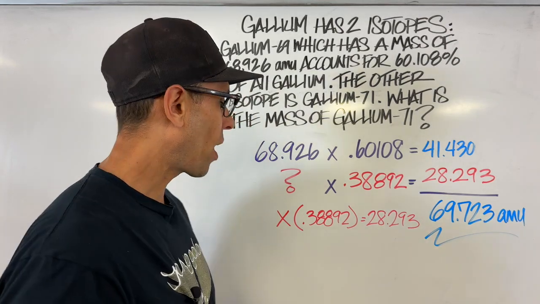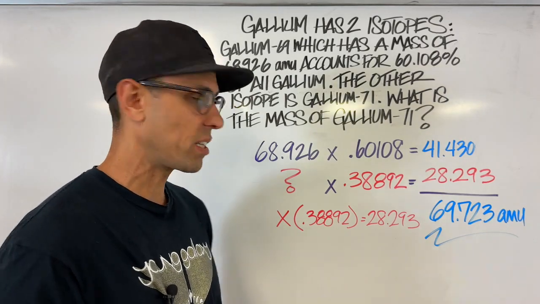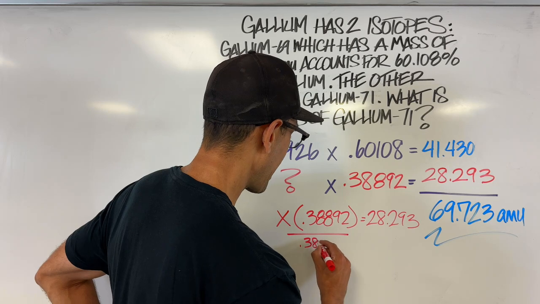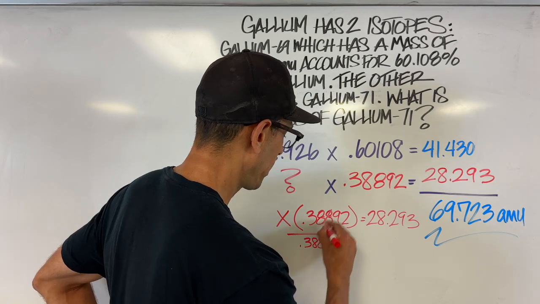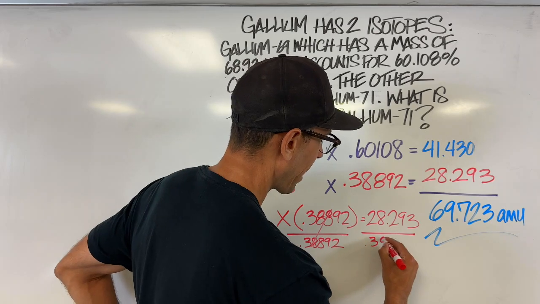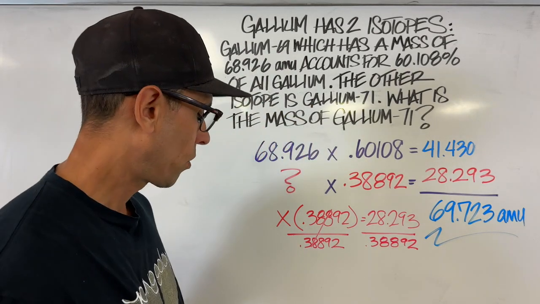How do we do that? Well, we're going to move the 0.38892 to the other side using division. So I'm going to divide this side by 0.38892, and then also divide this side by 0.38892. Right?